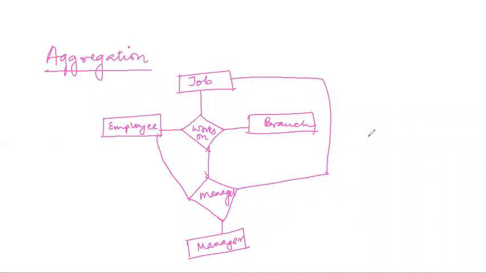So this manager manages employees, and the manager manages the job of several employees, and this works on, that is, an employee works under a manager and an employee works in a branch. So this works on relationship is under employee, branch, and manager.